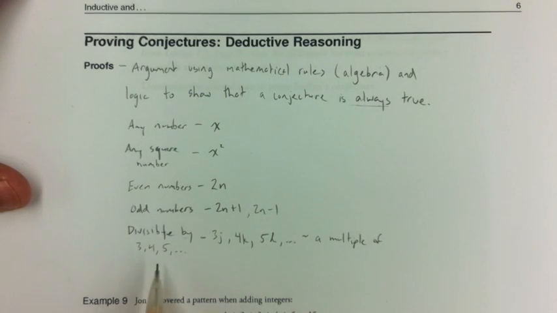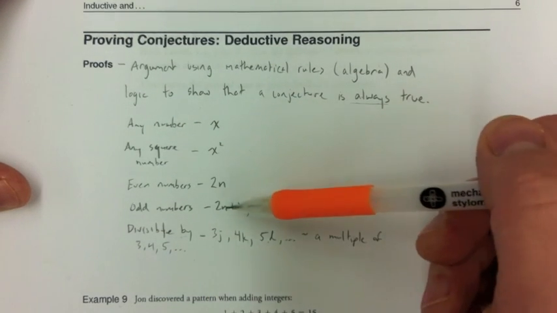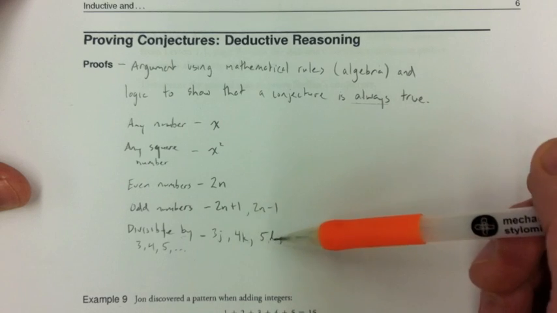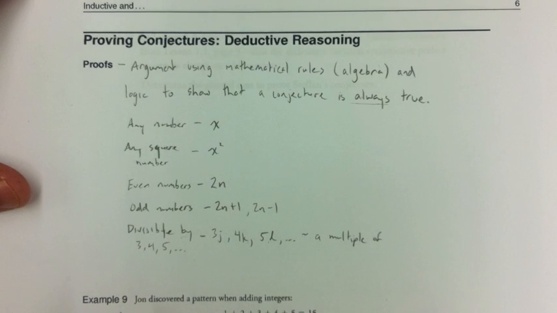And so whenever you see these phrases like divisible by or a multiple of, you always use these forms. The variable that you use doesn't particularly matter in a proof. Often we'll use x's when we're talking about real numbers, and when we use n or j or k or l, we're often talking about integers.